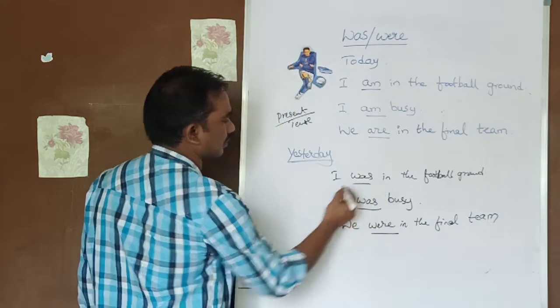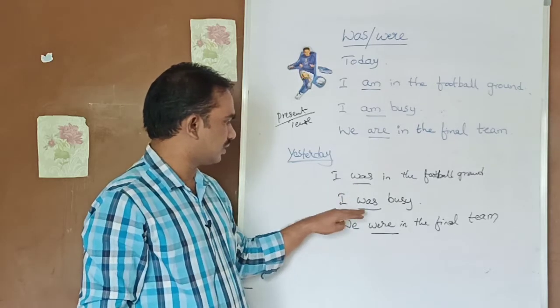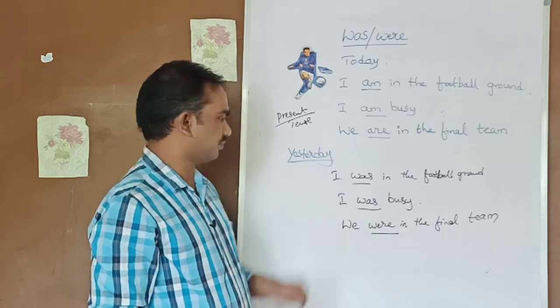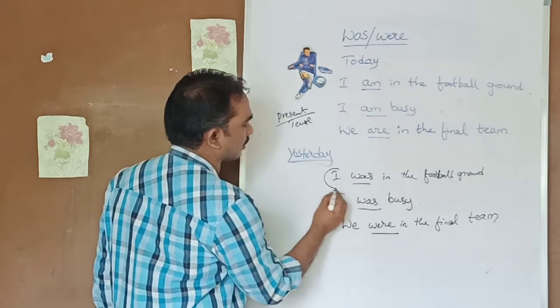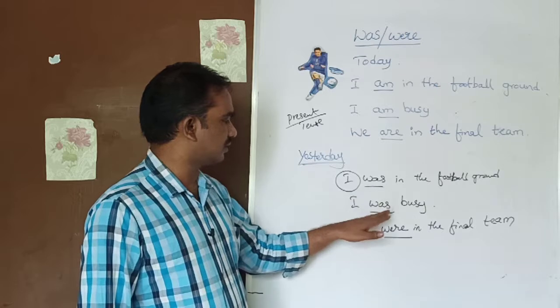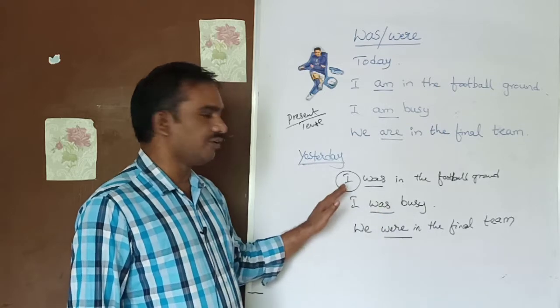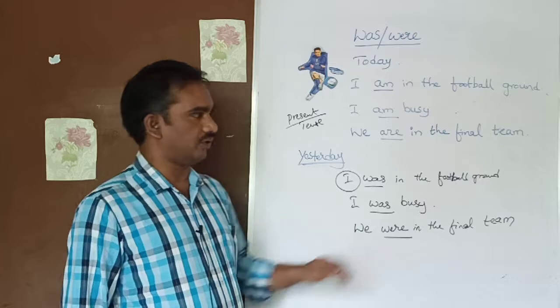Look here. Was. So there are two words. You can see I was, we were. Why I was? It's singular. Let's look at the difference between was and were. So where do we use I was and where do we use were?